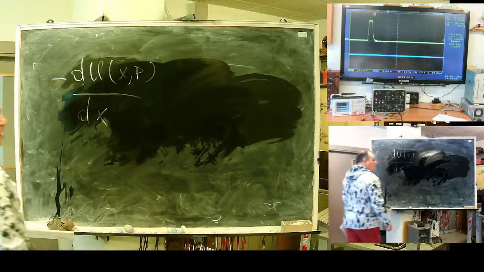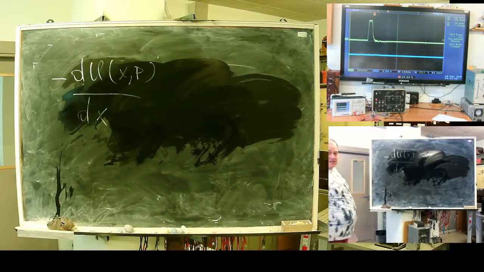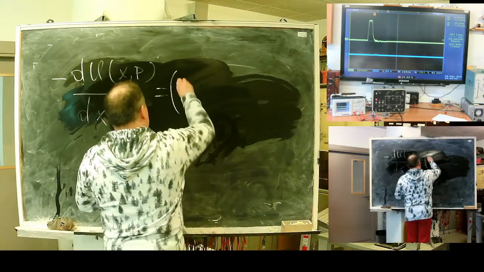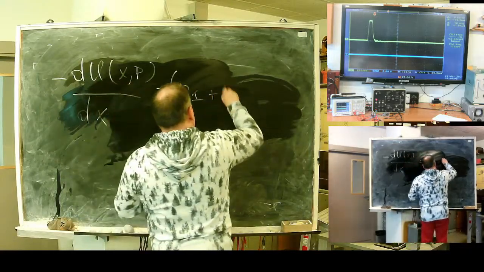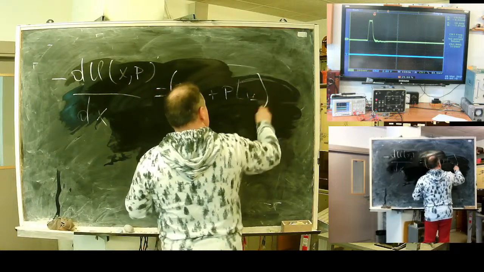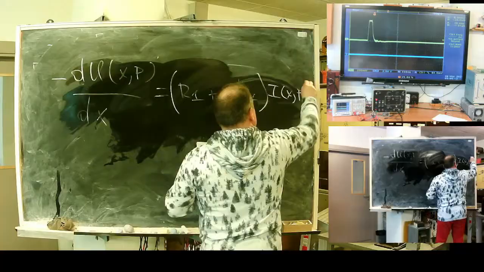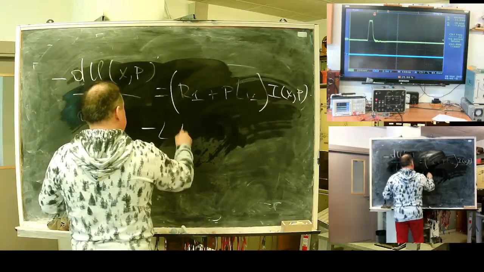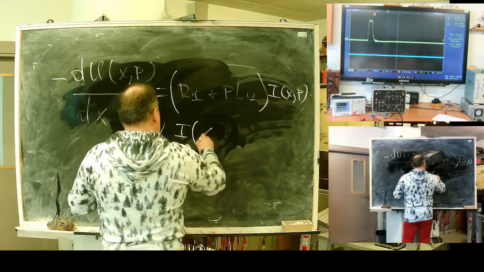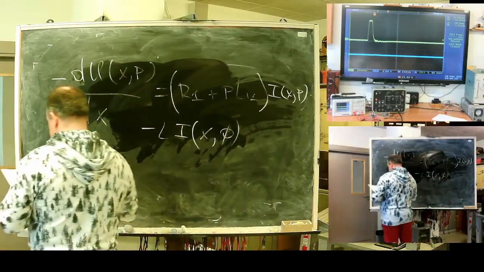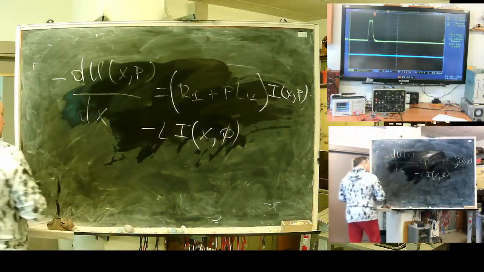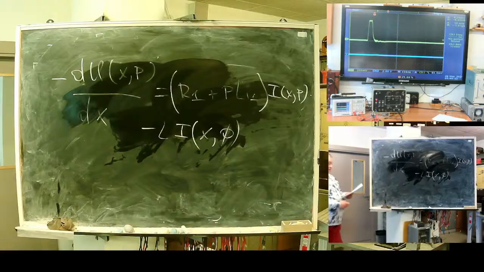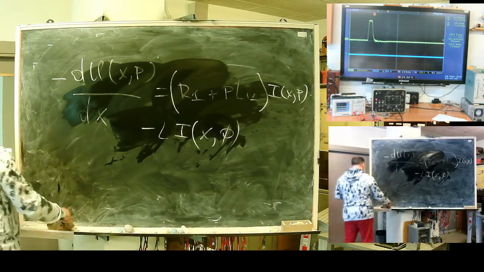Laplace transform eliminates time but does not eliminate distance. Distance remains. It will be (L1 p plus R1) times current as a function of distance and complex frequency, minus L1 times current at 0. This is current at 0 time, or initial condition. This is equation number 1.